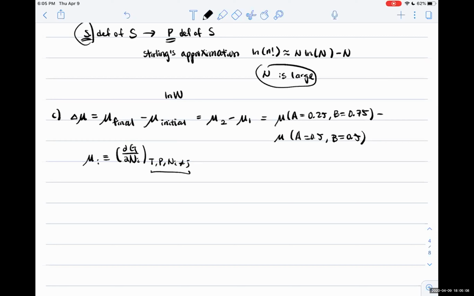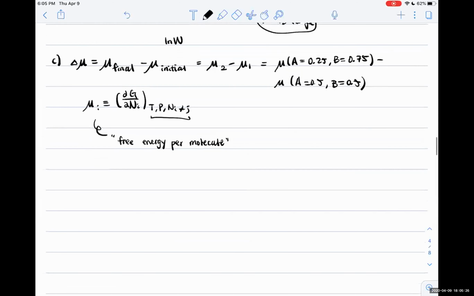So in the end, we can just interpret this formula as just free energy per molecule.